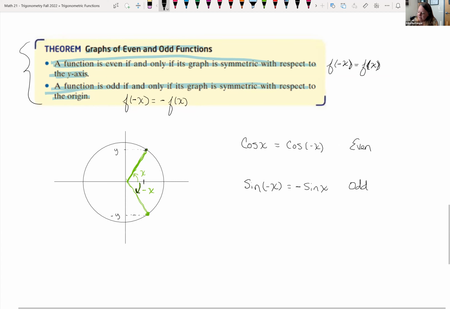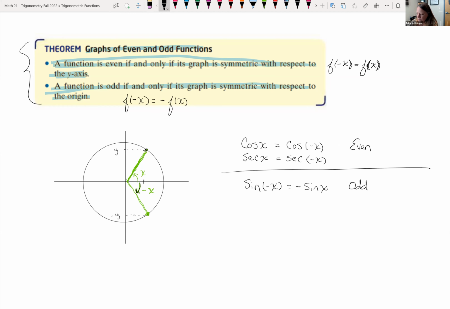So the ones that are even are cosine of x, secant of x. The ones that are odd are cosecant, cotangent and tangent.